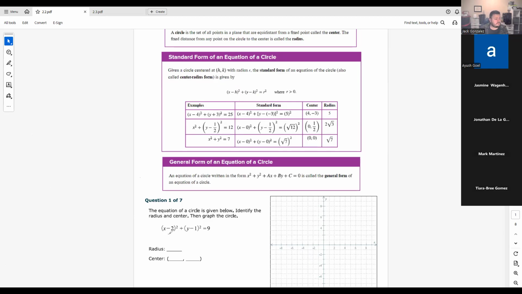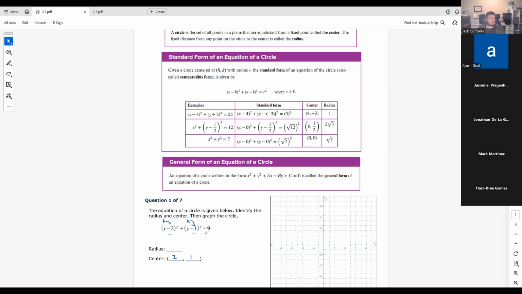So if we have negative 2 as my h, there's the h right there, and my k over here, what would be the opposite of these signs? Yeah, so center is going to be +2, +1. That's all you got to do. Whatever's in here, just switch it. Nothing crazy.